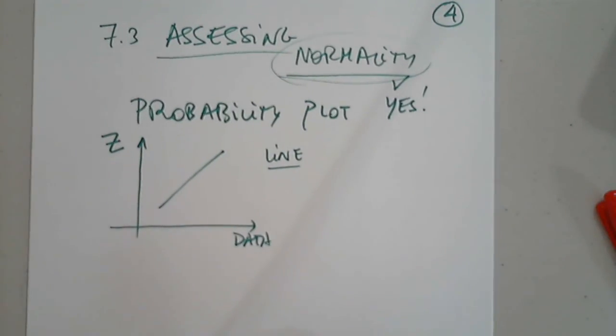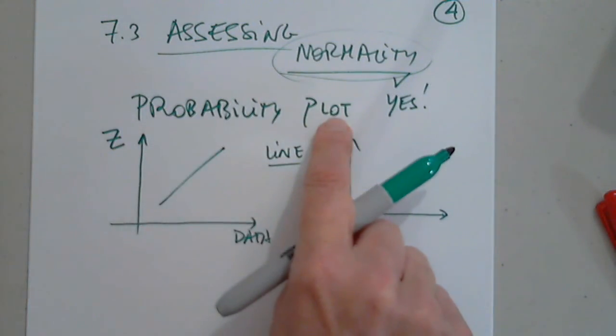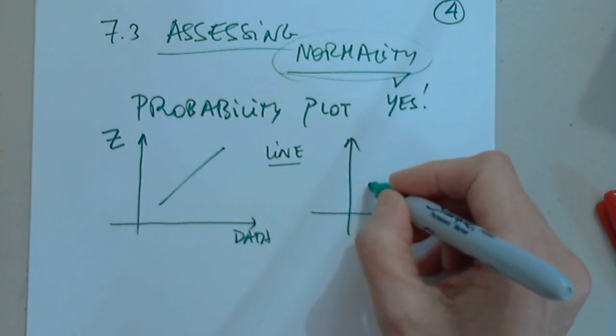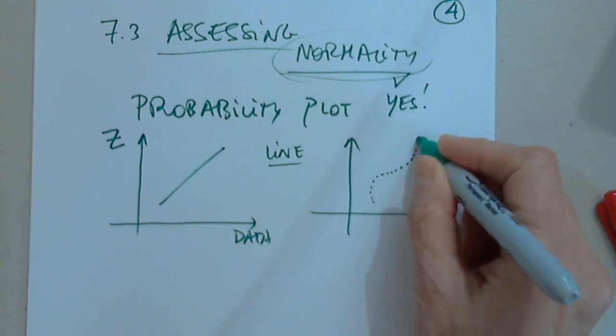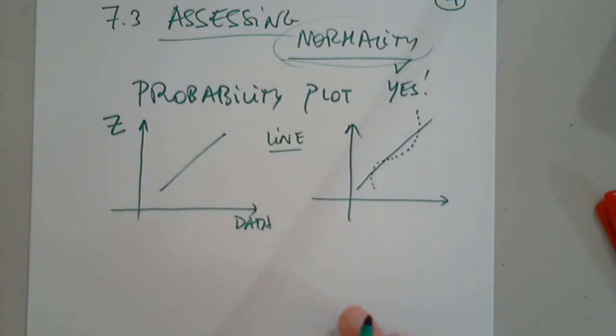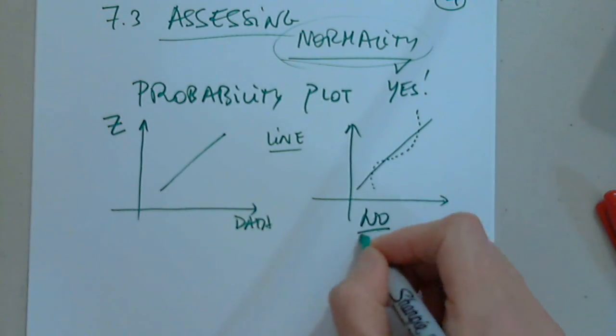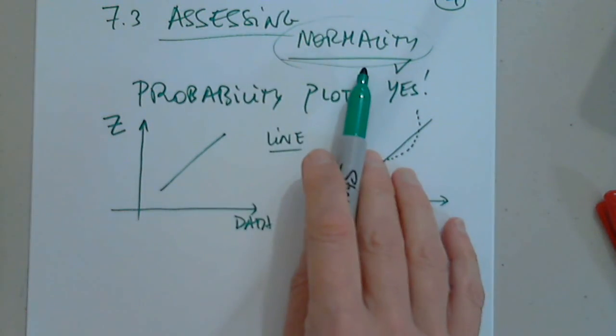You're okay. But if when I plot the probability plot, I get something like this, not a line, then I will say no, do not use the normal distribution or normal procedure.